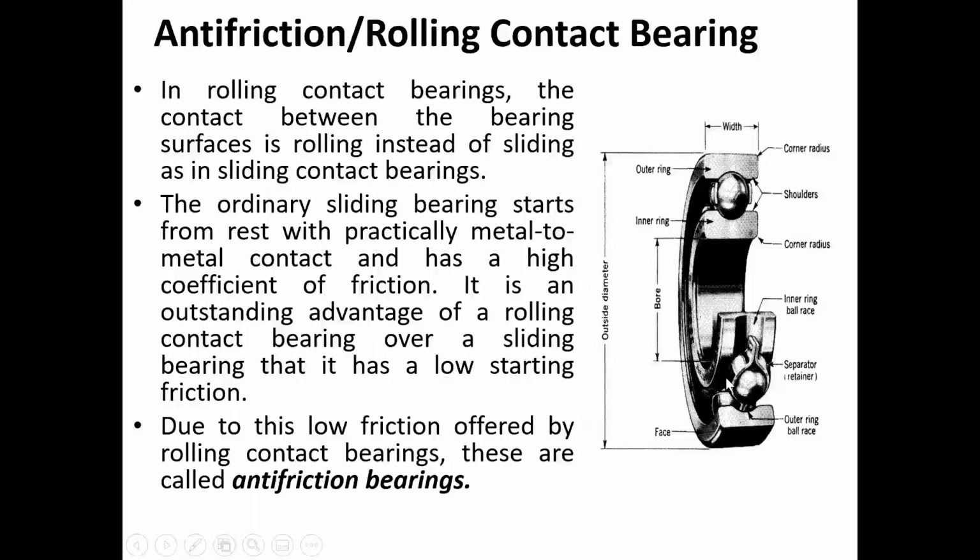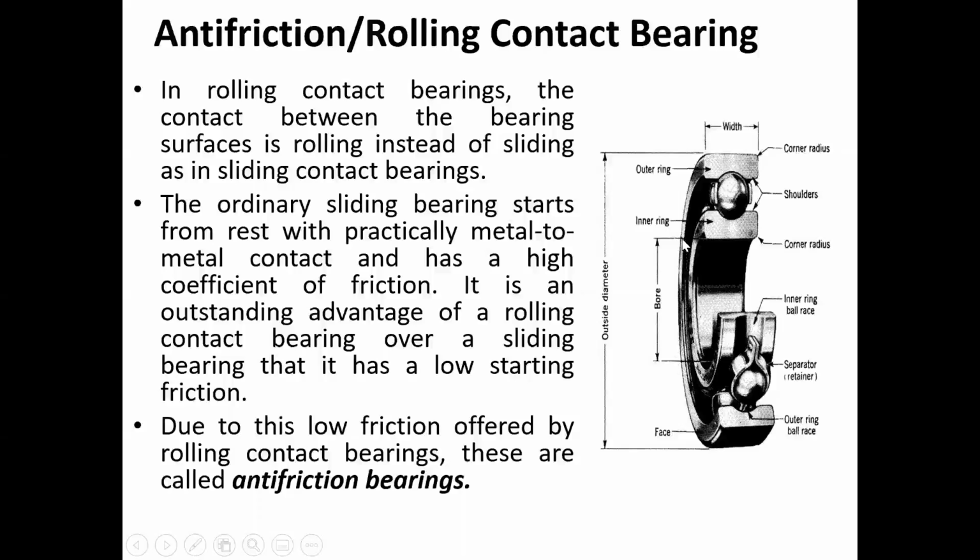Some geometrical aspects, if we see, these bearings are made round at the ends. So this corner radius is provided to avoid the sharp corner of the bearing. Okay, this internal diameter, this bore diameter, is the diameter which carries the shaft in most of the cases.